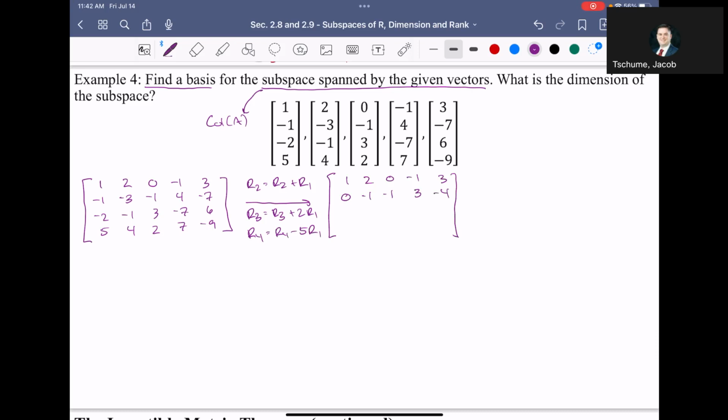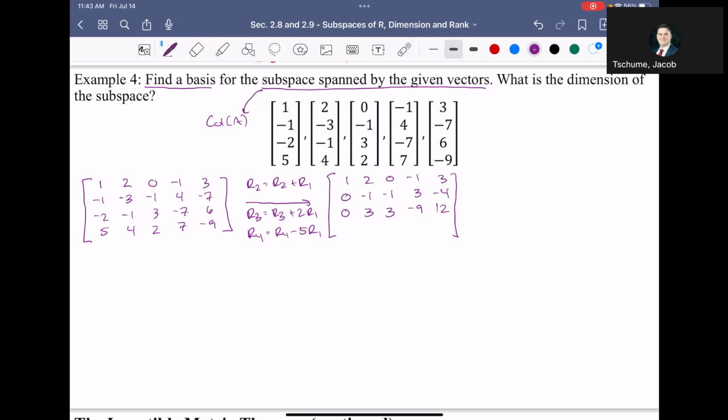Then we are going to end up getting, where are we at here? We're going to take row 3 plus 2 row 1, so that's going to be 0, -1 plus 4 is 3, 3 plus 0 is 3, -7 minus 2 is -9, and then 6 plus 6 will be 12.